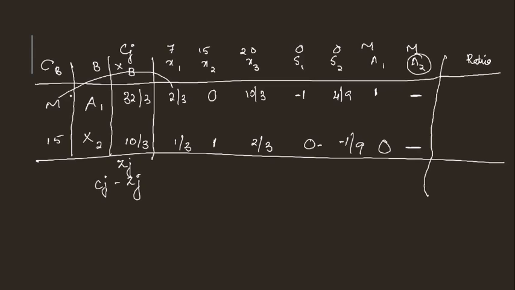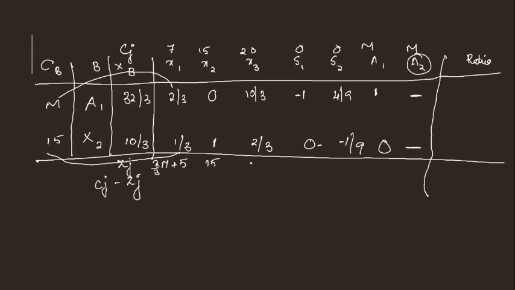2 by 3 into m plus 1 by 3 into 15. So let's see what I will get. 2 by 3m plus 1 by 3 into 15 is 5. Okay, then next value 15.